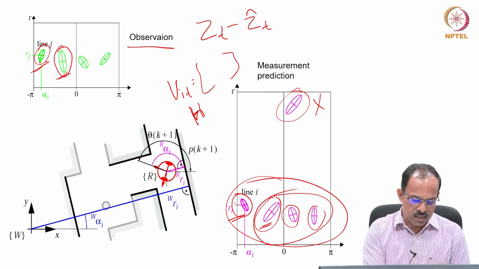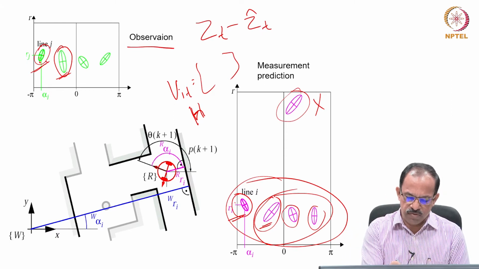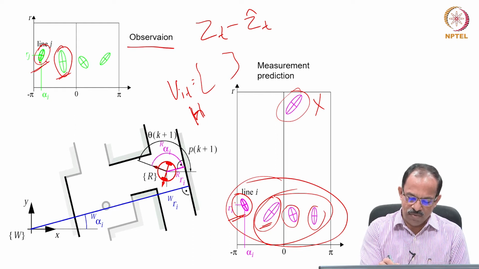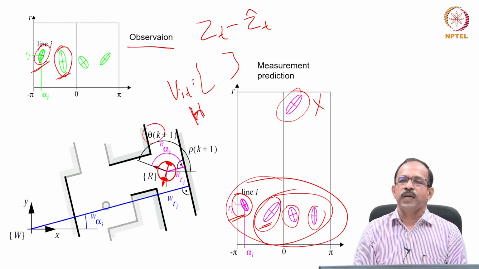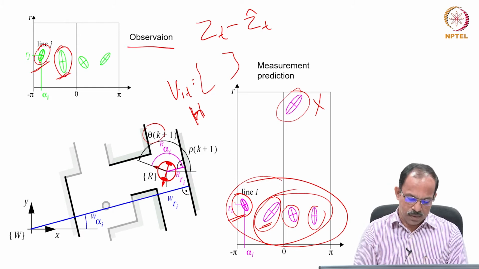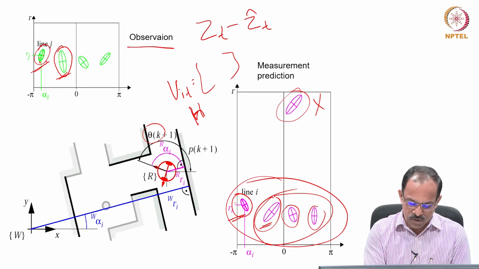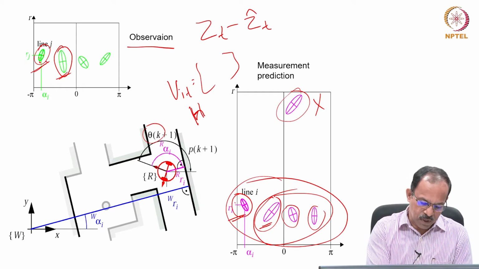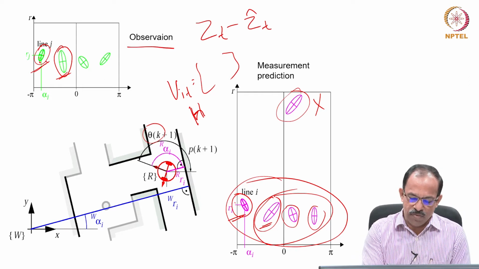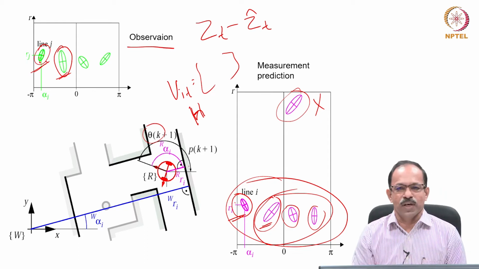So, we can see here this is the world coordinate frame, and this is R, and here this is alpha, and theta is the orientation of the robot, and W alpha is the orientation of the feature with respect to the world frame, and R alpha is the orientation of the feature with respect to the robot frame.